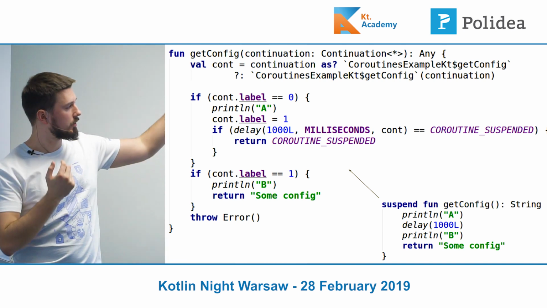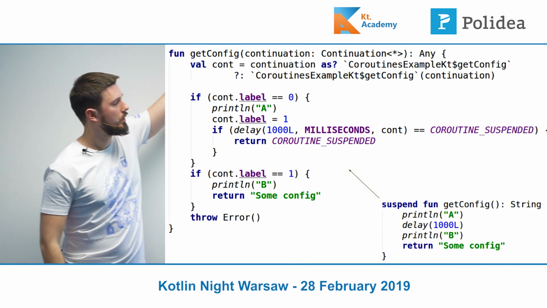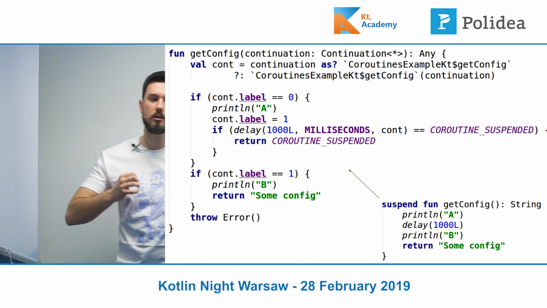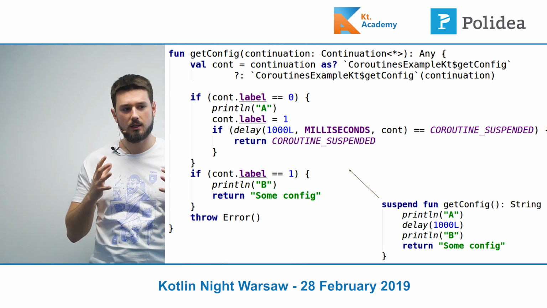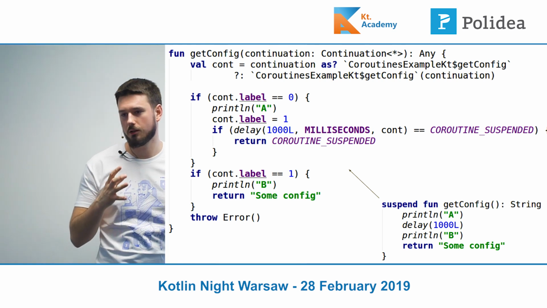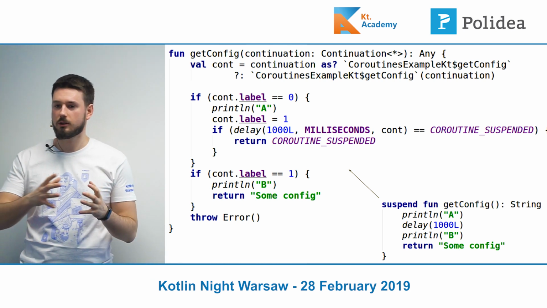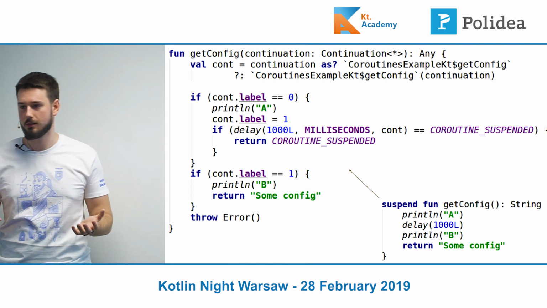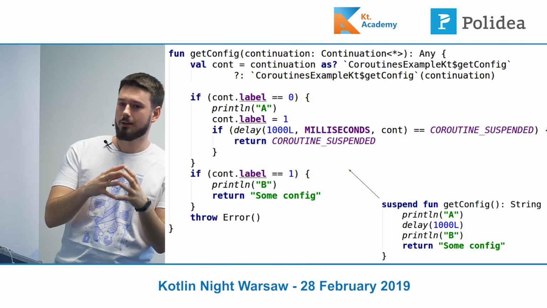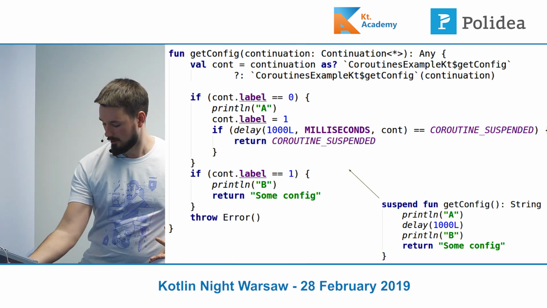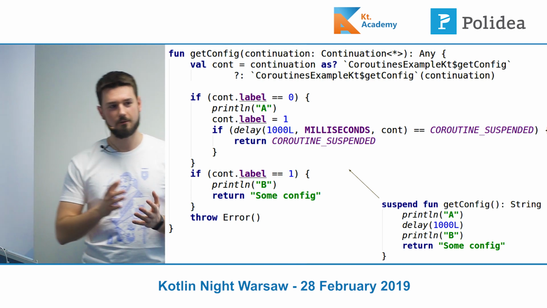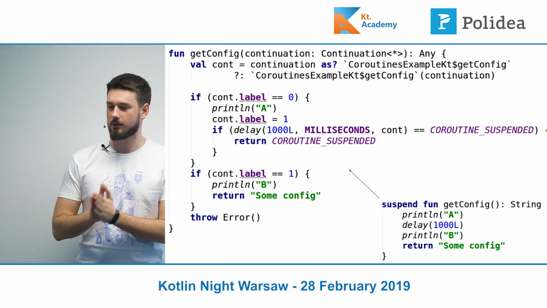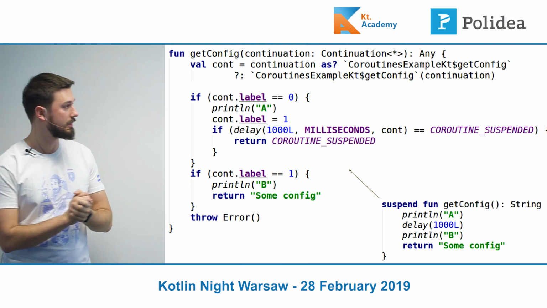So we get some continuation, and then we wrap it into our special class. For each suspending function, there is a special anonymous class generated which contains the whole state. This class implements the continuation interface. So this continuation is special for every suspending function, and it contains the rest of the state yet to be executed.